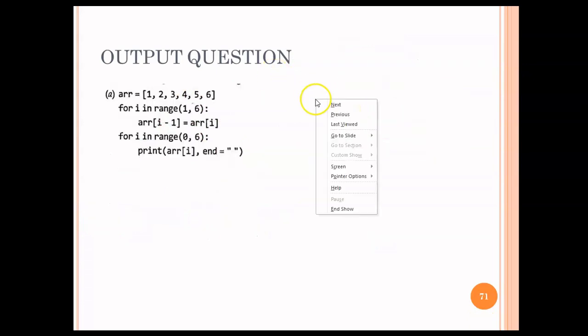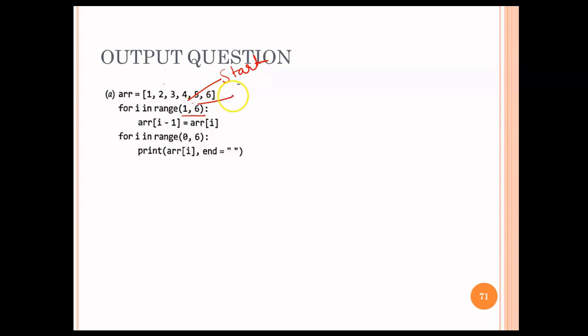So moving to the next one, now you can see one more example, and this is also based on list only. Here we have arr 1 2 3 4 5 6. The range function is being used. This is the start value and this is the end value, and if the step value is not given, by default the step value is 1. So it will work for 1 to 5.